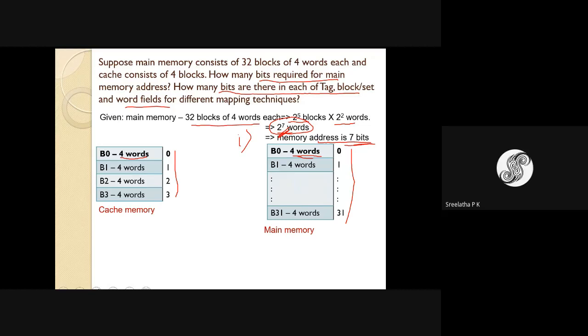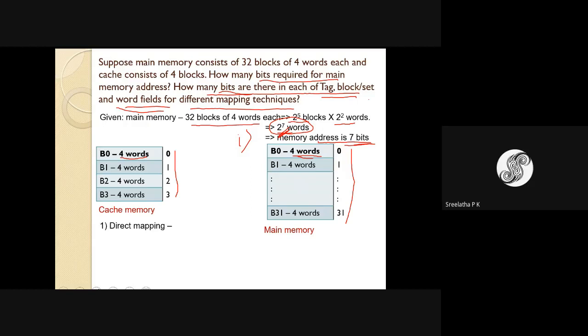There is no doubt. Okay, I'll move further. In different mapping techniques, the cache memory will have how many bits for tag, block or set, and word field, whichever is applicable.